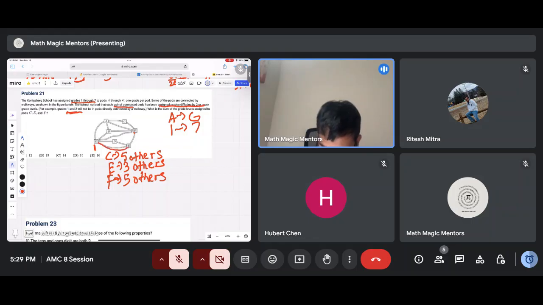C has a connection here, so that's not a viable option. C has a connection here, to F as well, to B as well, and to A as well. So G is the only place where 2 can be placed. You guys see why that's the case, right? And G has only two connections. So that means A or F cannot be 3. That means E, B, or D has to be 3.